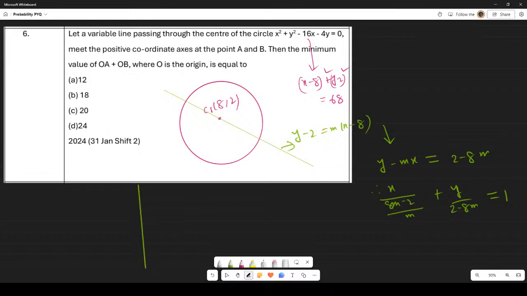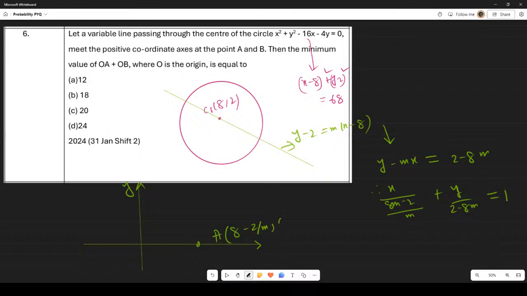Try to remember. What is the x-intercept here? This is the x-intercept, A. That is 8 minus 2 by m. You agree or not?